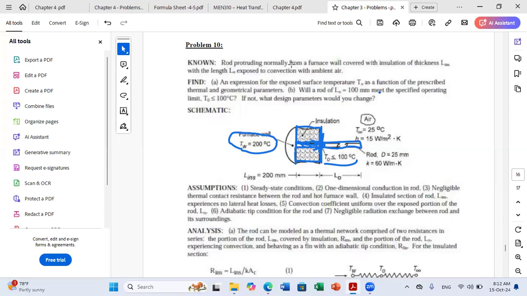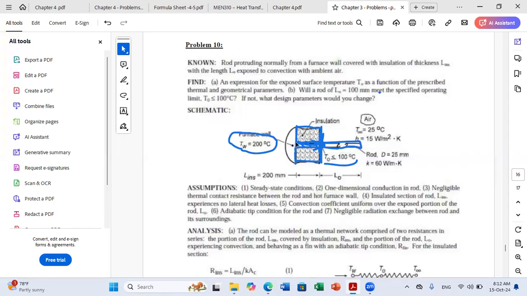To start with, if we want to determine the temperature T0, we need to conduct analysis. What do we know? We know the temperature at the wall, which is 200 degrees, and we know T infinity, which is 25 degrees. So we have several approaches. We can write the equation in the insulation.